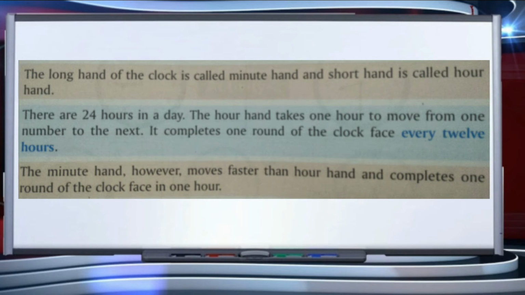Means if this hour hand moves from 3 to 4, it will move in 1 hour, and it completes one round of the clock face every 12 hours. Means one round of the clock is completed in 12 hours.